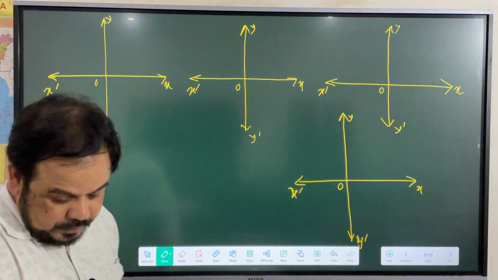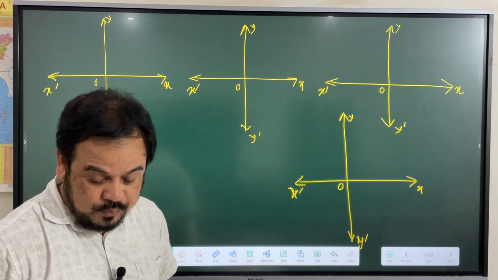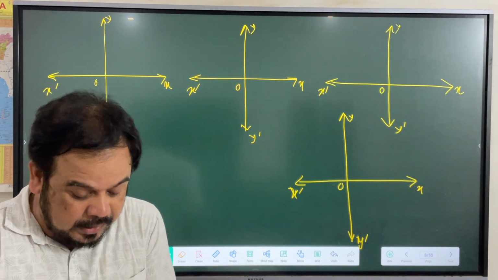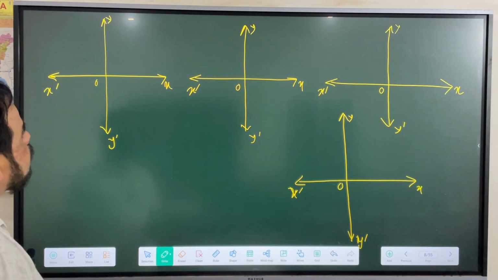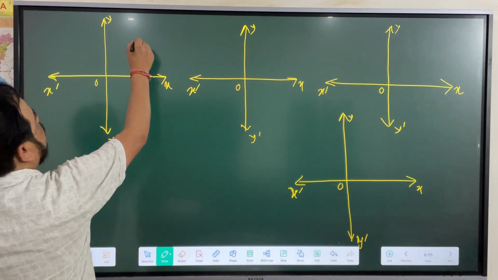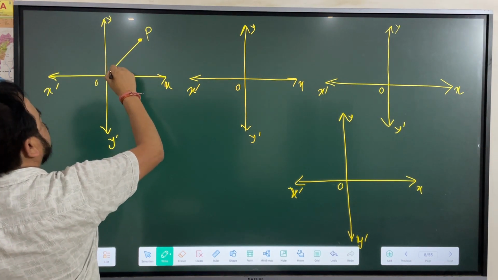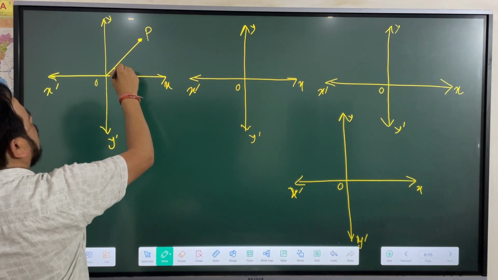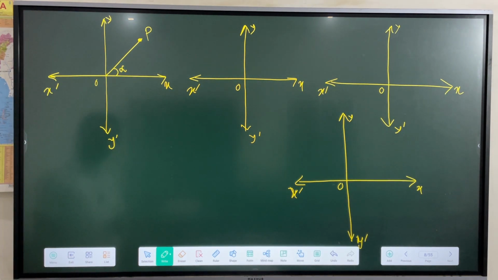Now we will try to find out the value of theta for different points in different quadrants. If a point is here, P, this is OP now. So this is the angle formed, which is alpha. This is alpha.